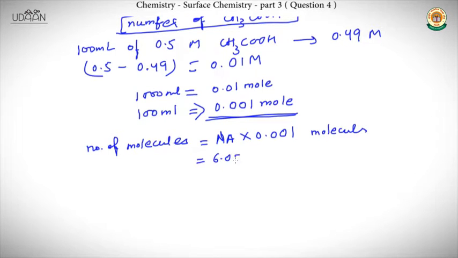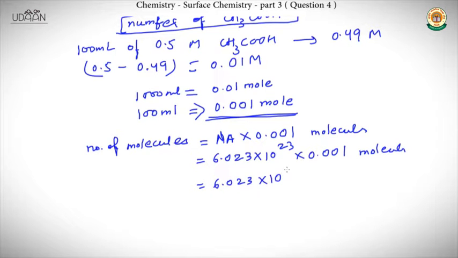This is 6.023 into 10 raised to the power 23 into 0.001 molecules. So this will be 6.023 into 10 raised to the power 20 molecules. Now I have the number of molecules.